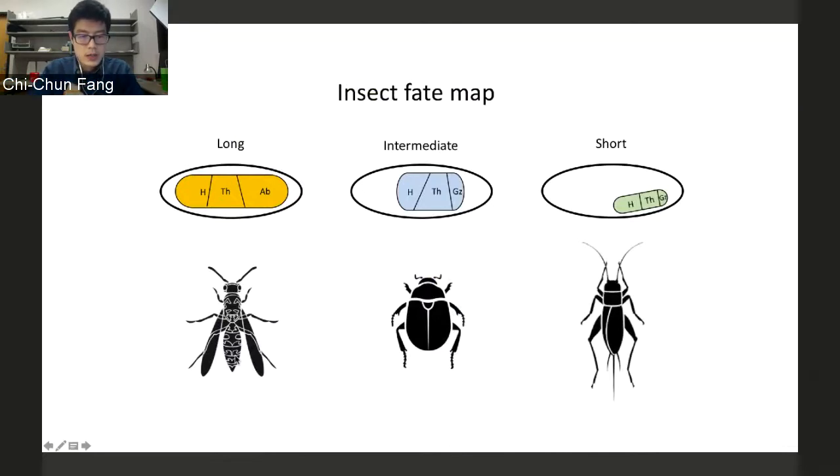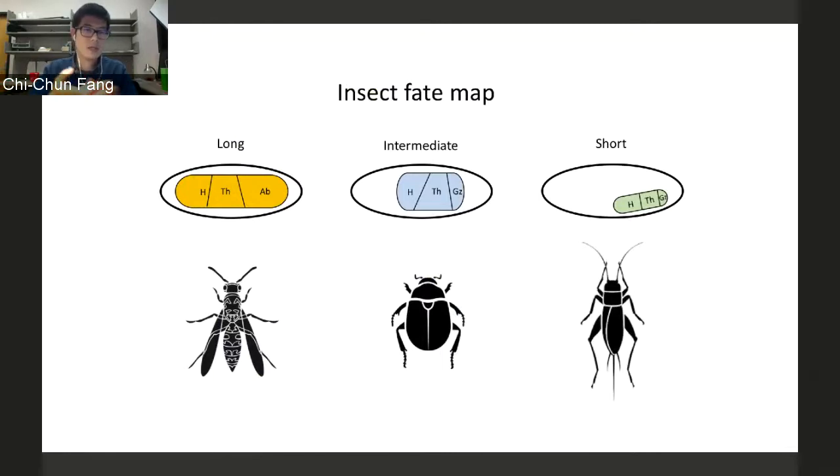For social insects, lots of scientists study honeybees and wasps, and they compare them to Drosophila, one of the most famous model species that people study for embryo development. They compared the wasp embryogenesis and the honeybee embryogenesis with Drosophila and figured out, oh, actually they're pretty similar.